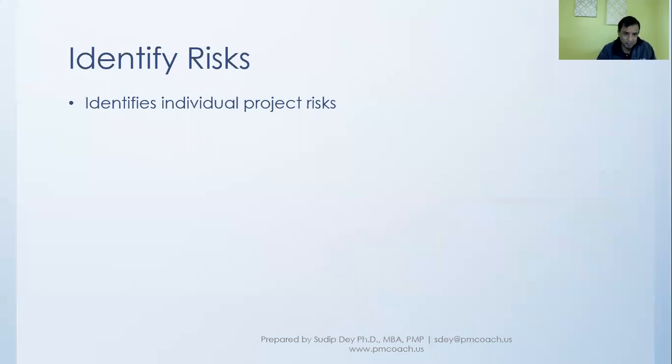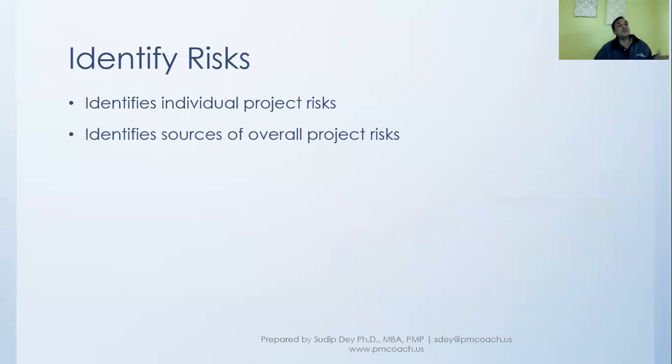And then it will also identify sources of overall project risk. At the overall level, what are the different sources? They might be a combination of individual project risk as well as something totally outside, and that might impact the overall project.